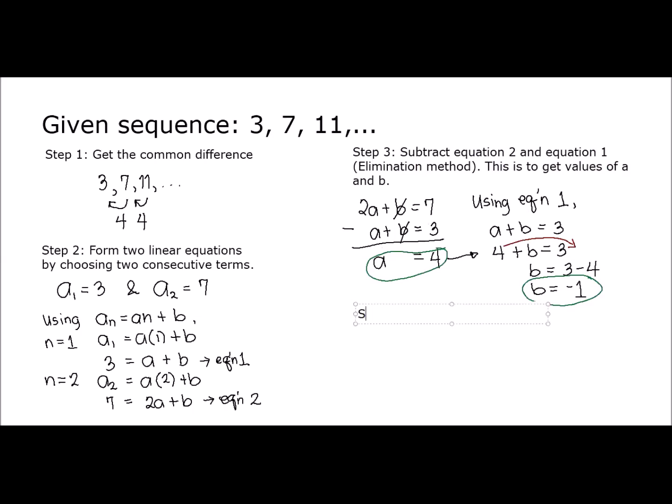Our step 4 is we're going to substitute the values of a and b to our formula in linear equation. Again, that is a sub n is equal to an plus b.